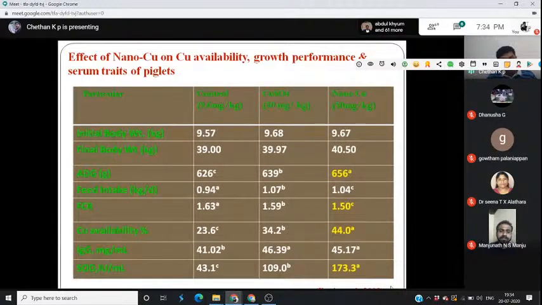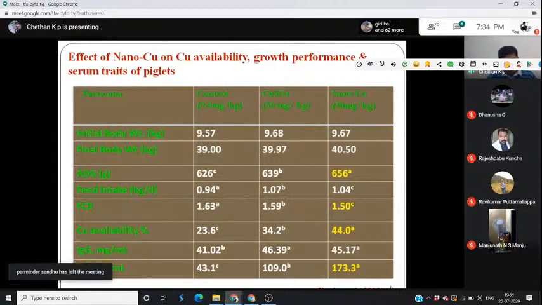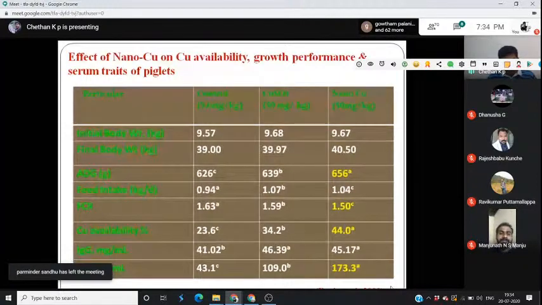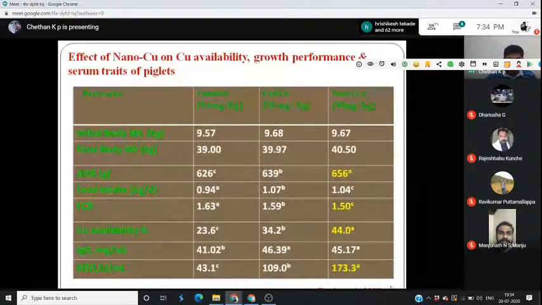Similarly, the FCR is also improved, that is 1.50, and copper availability is 44%, significantly higher than the inorganic as well as control group. Another important enzyme which has copper as its cofactor is superoxide dismutase, which has an antioxidant role, and the concentration of this enzyme is much higher in the nano supplemented group.